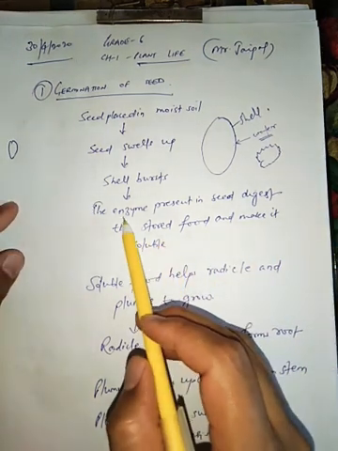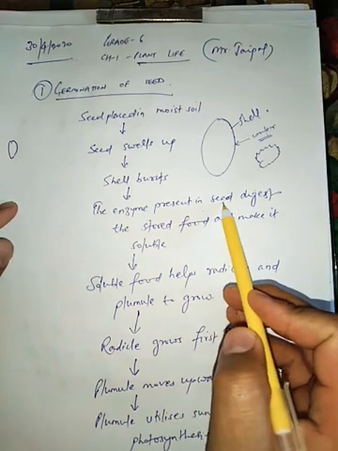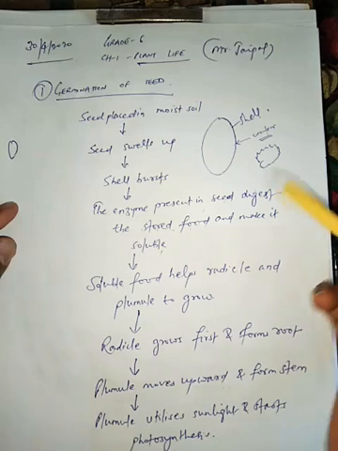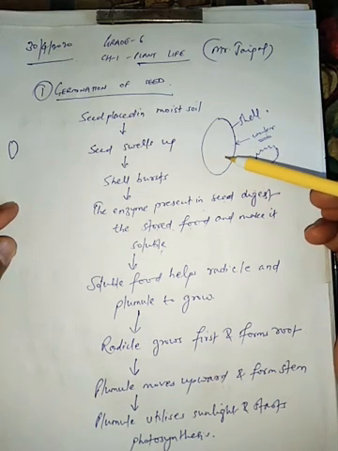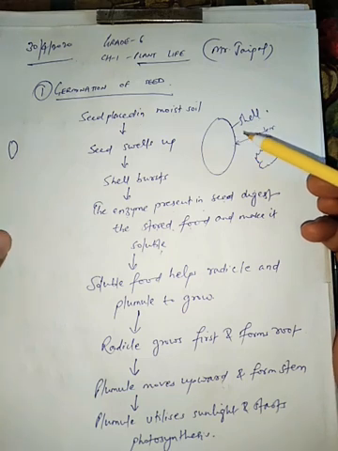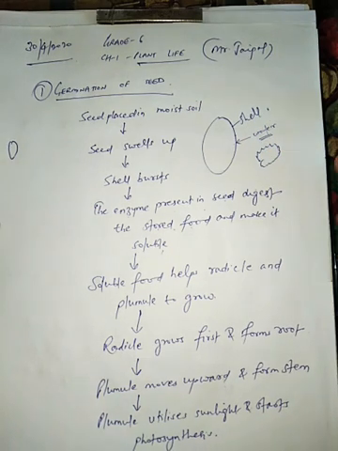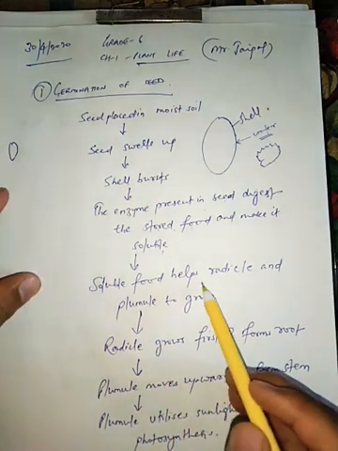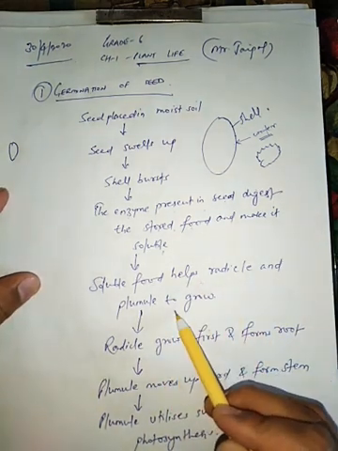You can see here the enzymes present in the seed digest the stored food and make it soluble. So the enzymes which are present inside the seeds digest the stored food present in the seed and make it soluble. Now this soluble food helps the radicle and plumule to grow.